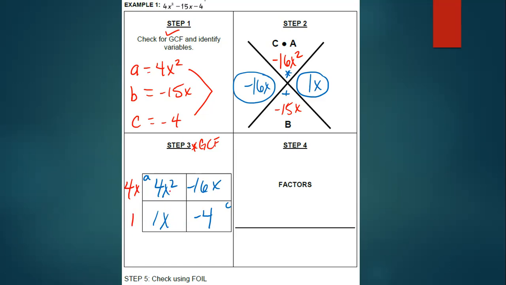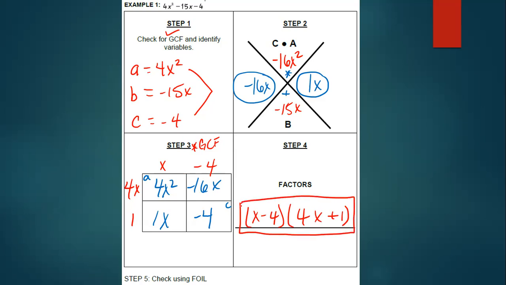What is the GCF of 4x squared and 1x? What is the GCF of negative 16x and negative 4? That's what that means. You're taking the GCF of every row and every column. The outside is your answer. So my answer is x minus 4 times 4x plus 1.